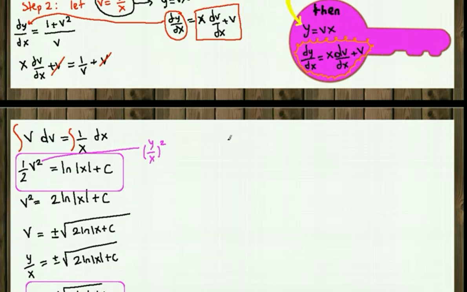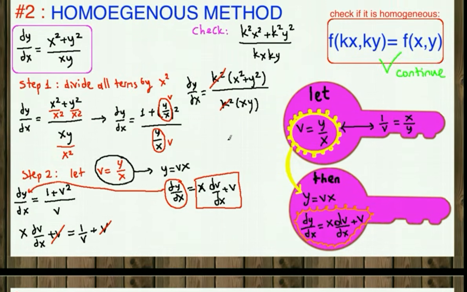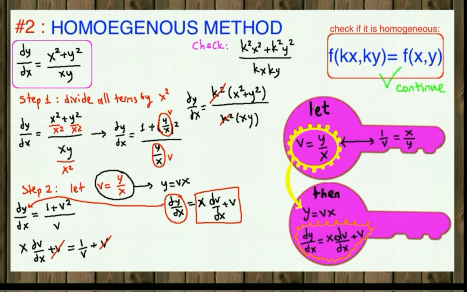So let's recap. In the homogeneous method, the very first checklist item is we need to check if the function is homogeneous. And to be able to do that, we need to substitute kx for x and ky for y to see that it is going to be equal to the original function.